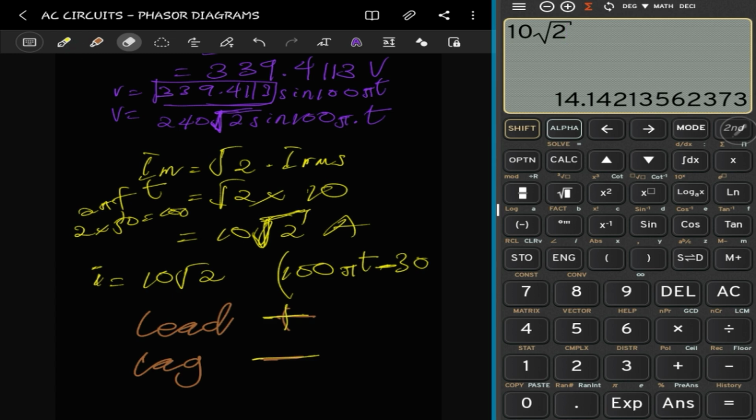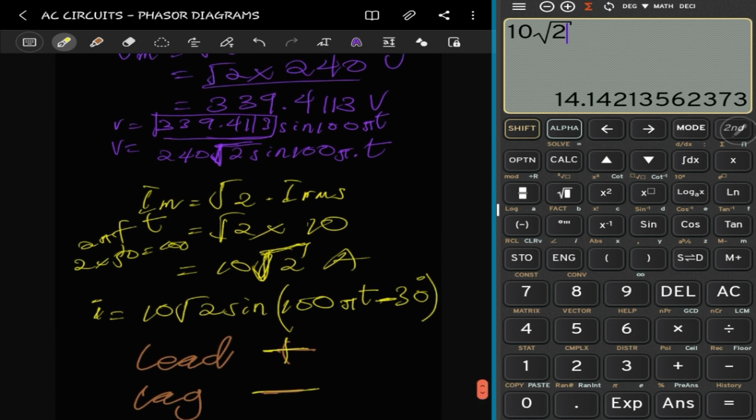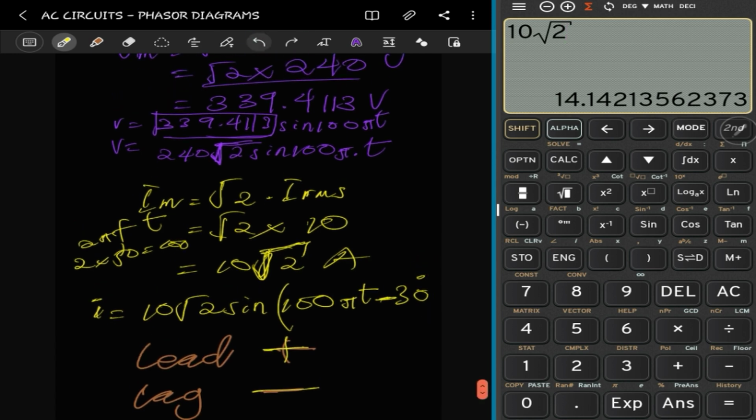Yes, so that's it. So 30 degrees here. So then it's clear that the current lags the voltage. It's just the same equation, but then there's a phase difference. So we could see clearly what's actually happening.